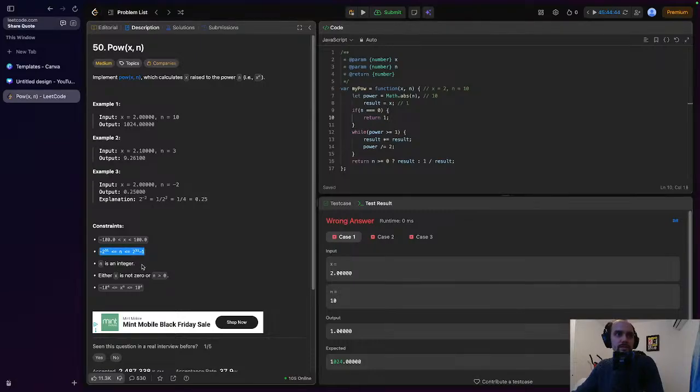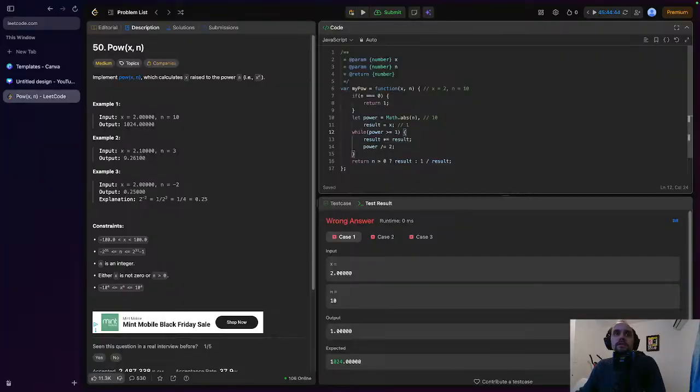I think n has the potential. N is an integer, which is helpful. Result equals x. We can move this later.